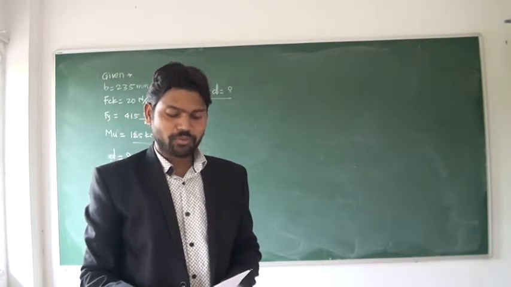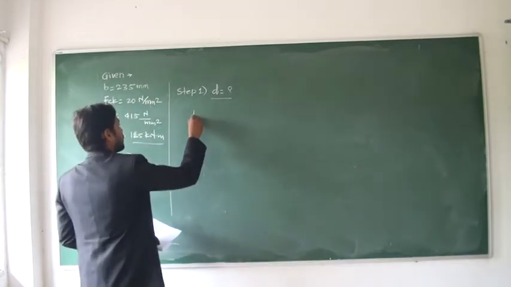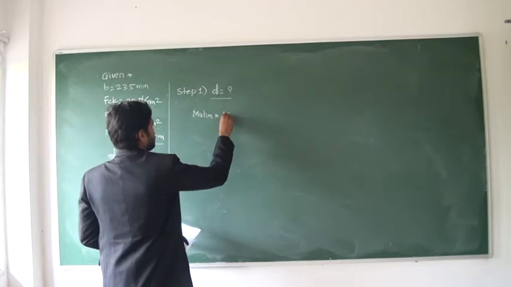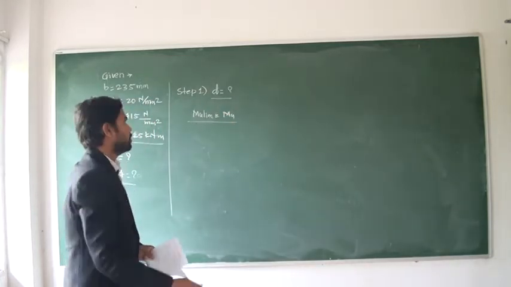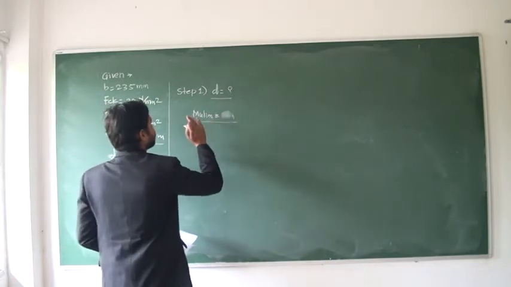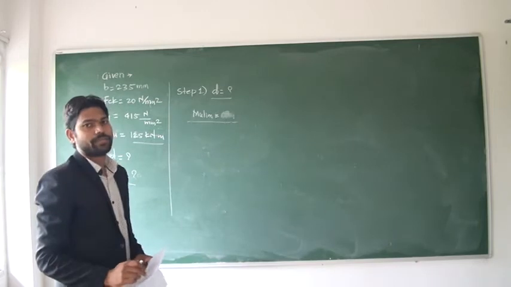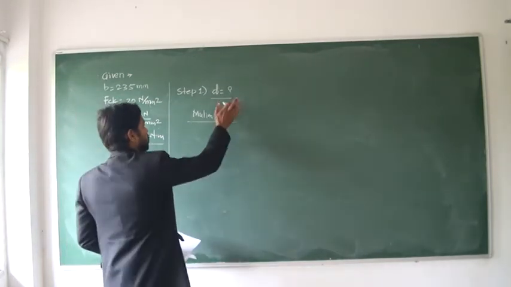Now when we are going to design a balanced section, for balanced section we know that moment of resistance Mu will be equal to Mu limit. Now what is the formula for this Mu limit? Moment of resistance constant we have derived in the previous lecture.